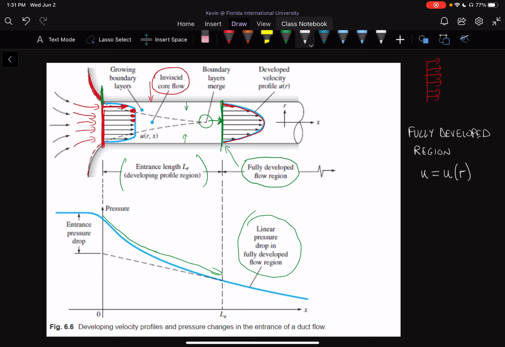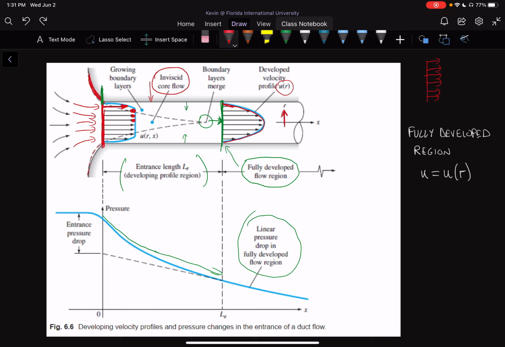Okay, so u is just a function of r. The velocity profile can be determined by just a function of this radius. So depending where you are on the radius, you will be able to find your velocity.